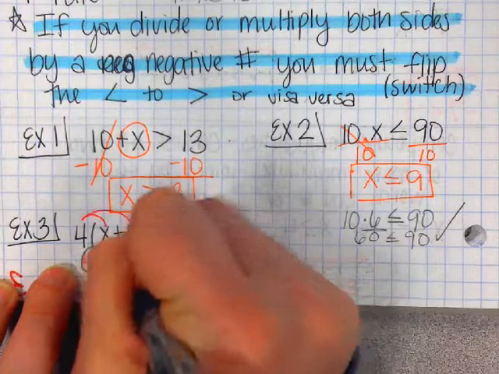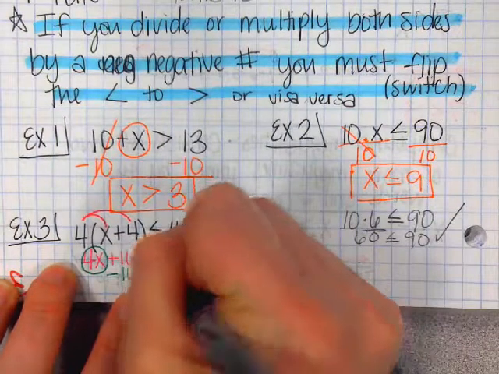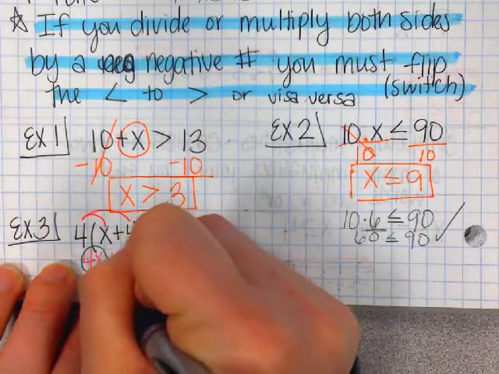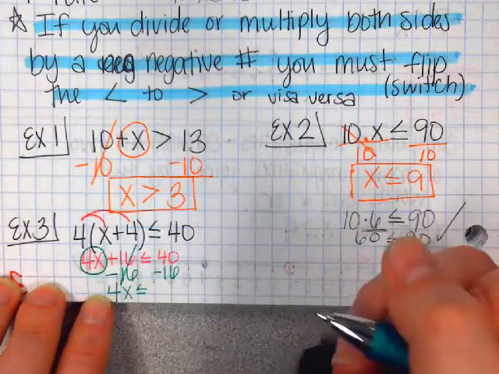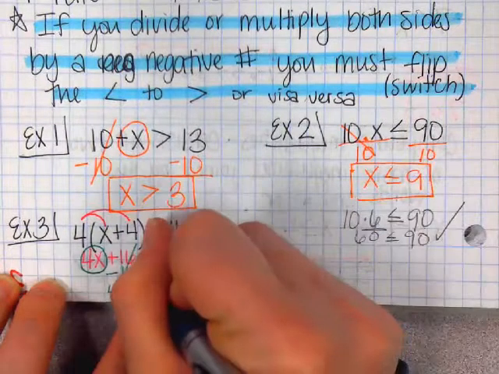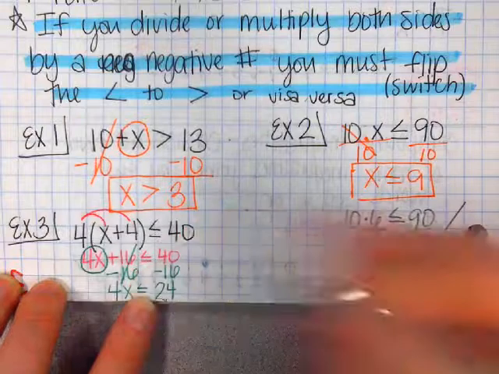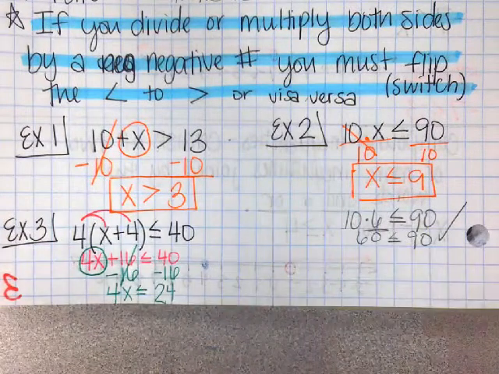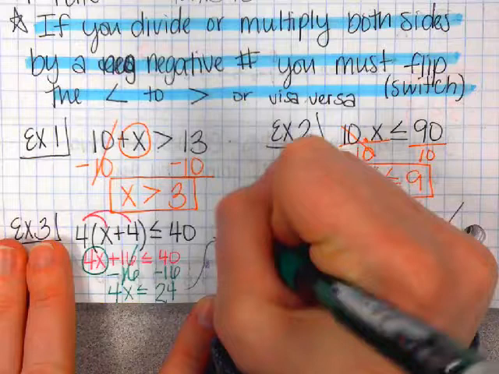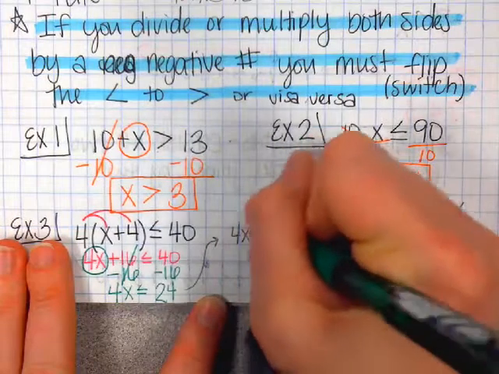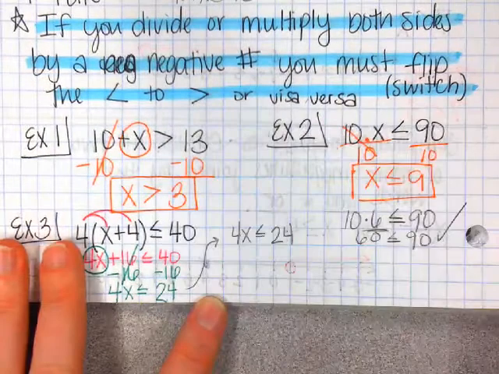The inverse of add 16 is subtract 16. So it'd be 4x. See, I told you I was running out of room. 40 minus 16 is 24. So 4x is less than or equal to 24.